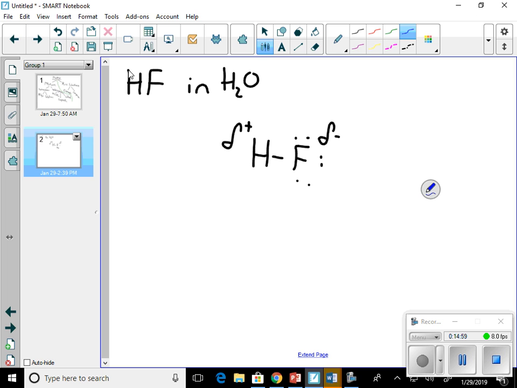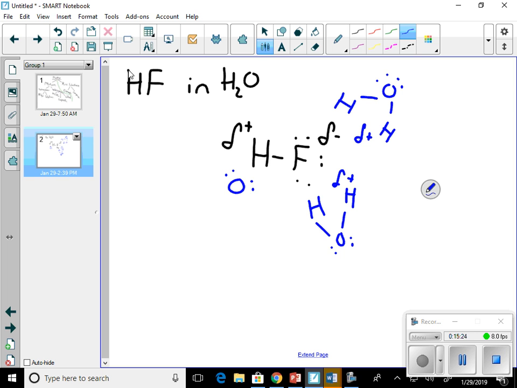Similar to how the ionic dissolves in water, opposite charges do match up. So for water, the hydrogen end is the partial positive end. It's attracted to the partial negative fluorine end. And again, if it helps, I can draw the partial positives in. The oxygen then is attracted to the hydrogen.